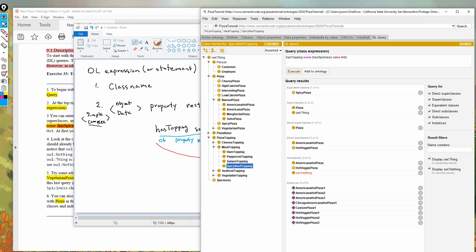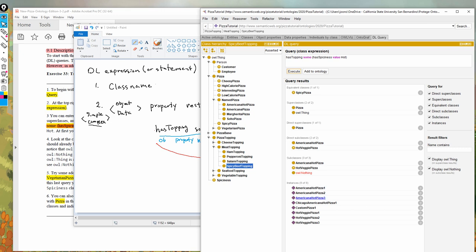And then let's look at the subclasses. One subclass is American hot pizza, and another subclass is hot veggie pizza. And of course, OWL Nothing is a subclass of everything, so it's obviously included here. Then let's take a look at the American hot pizza.